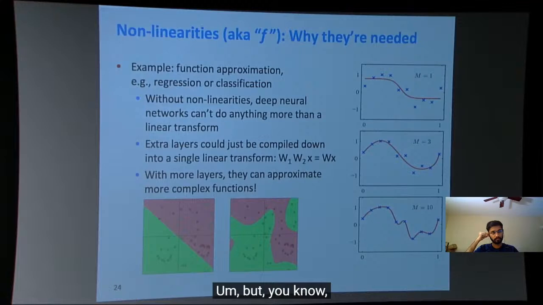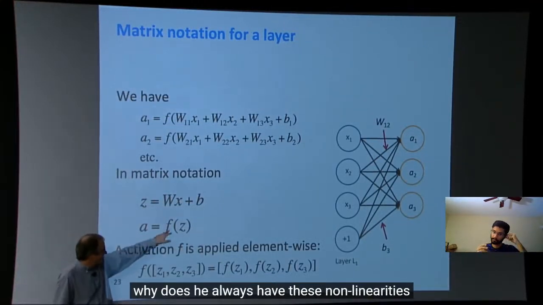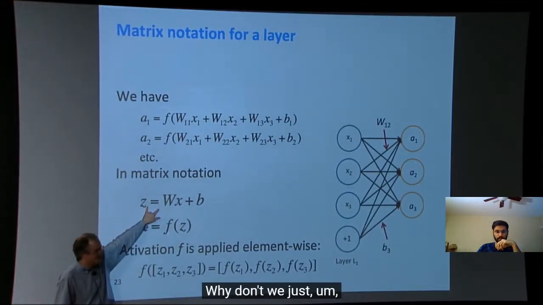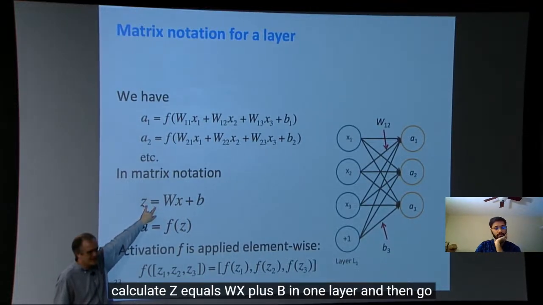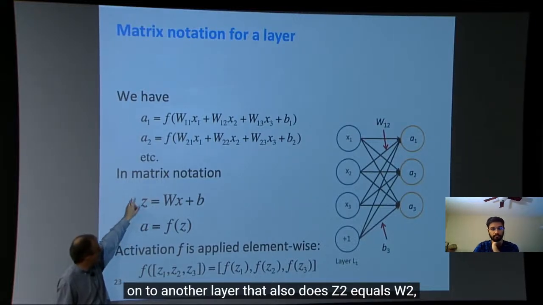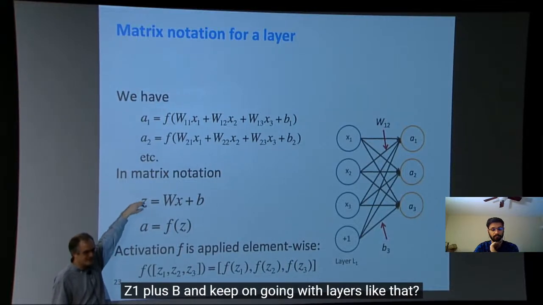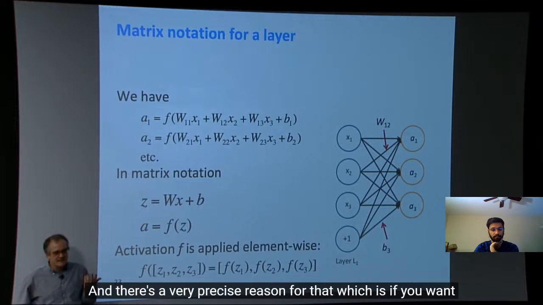But something you might be wondering is, why does he always have these nonlinearities and say there has to be an f function there? Why don't we just calculate z equals wx plus b in one layer and then go on to another layer that also does z2 equals w2 z1 plus b, and keep on going with layers like that? There's a very precise reason for that.